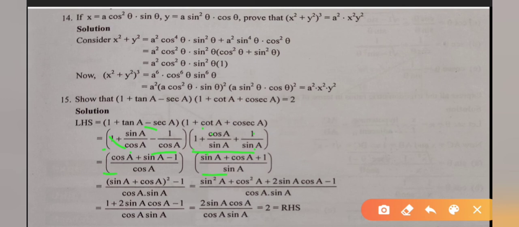Now, here in the numerator, cos a, sin a, cos a is there, which is in the form of a minus b, a plus b. A minus b, a plus b can be written as a square minus b square. A square means sin a plus cos a whole square, b square means 1 square, it is 1 only.